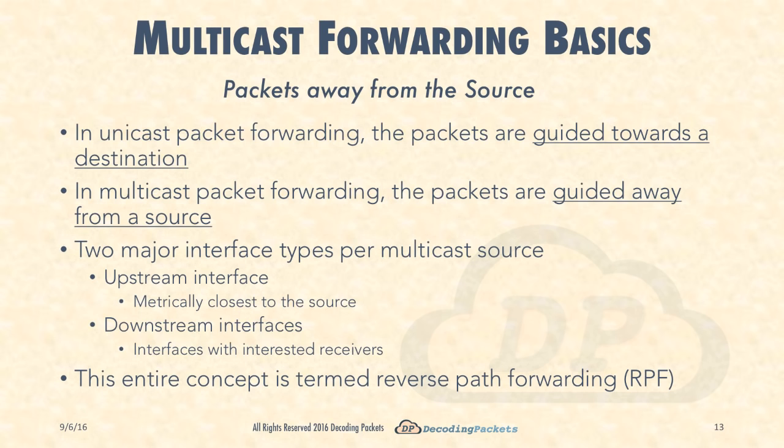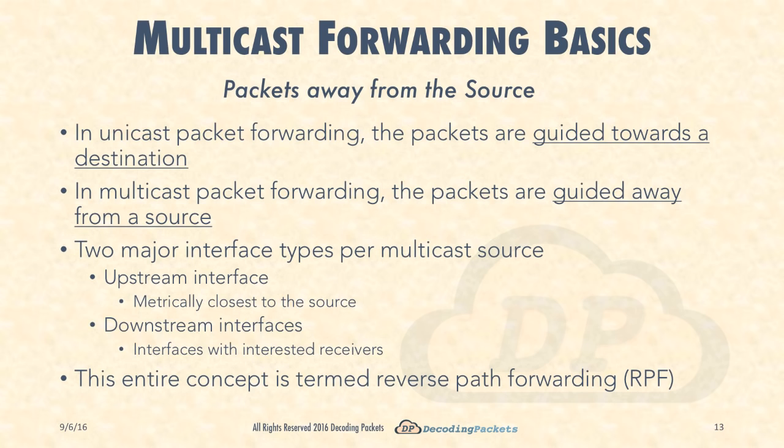Now, in addition to this, once you receive the packet on an upstream interface, you really need to forward it somewhere. So guiding away from a source is fine and dandy, but you really ultimately need to get it to your receivers. For that, there are always downstream interfaces. Now, these are all of the interfaces that have two qualifications. They are not upstream interfaces, so you're not sending the packet back towards the source. And they are interfaces where there have been interested receivers.